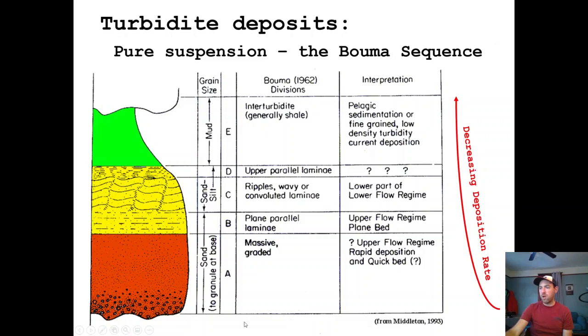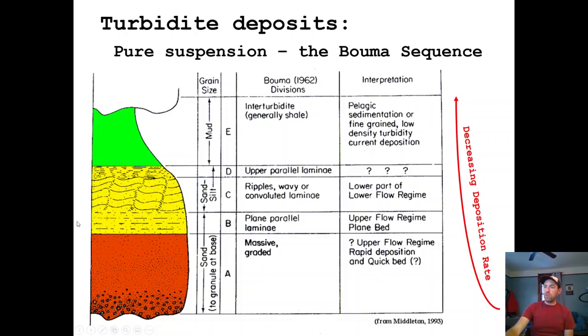It's a sequence that starts out with the deposition from the head of the turbidity current, and then as the turbidity current passes over you and has incorporated more fluid into it, lowers the concentration, slows down, you end up progressing through this sequence where you start out here with a graded bed from gravel to sand, right, at the base. You have a scoured base oftentimes, or a loaded base. We'll talk about that in a little bit as well. And that would be referred to as sequence A, and it's massive, it's graded, represents upper flow regime and rapid deposition, right?